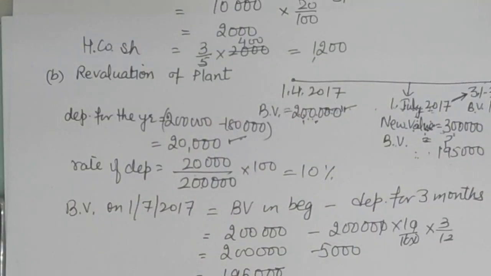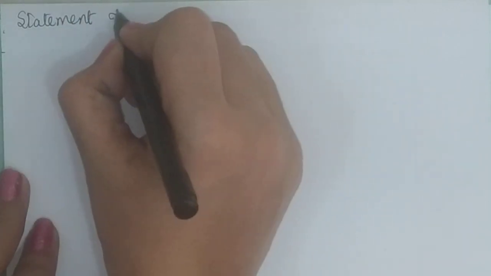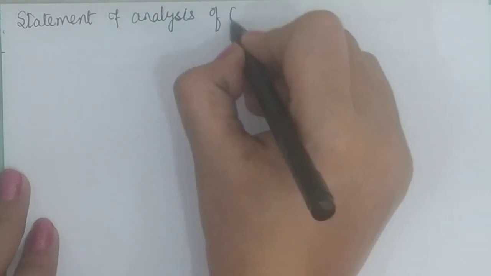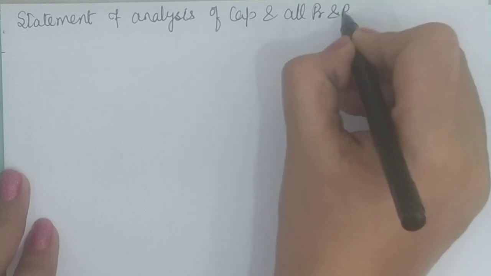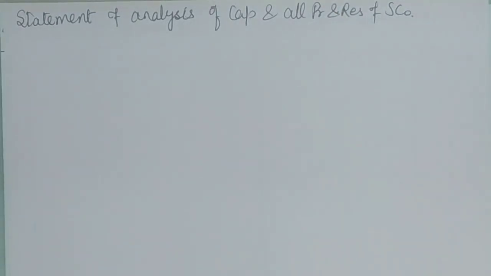Now, a statement of analysis of the capital and all type of profits shall be prepared. Capital and all profits and reserves of subsidiary company is to be prepared. So let us make a format of the same.